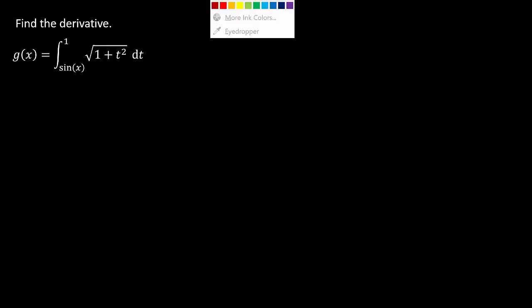All right, so what I'm going to do here is swap the limits. Okay, all right, so I'm not going to take the derivative just yet. I'm just going to rewrite g of x.